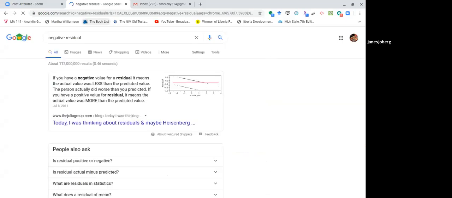Okay. So if you have a negative value for residual, the actual value was smaller. So your data value was smaller. That means that your value on the line was larger than the data that you had. So it depends on which way they're asking the question.